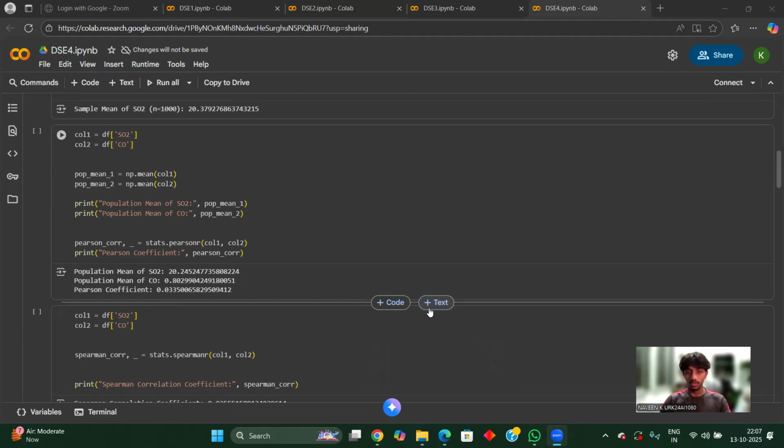We calculate population means of SO2 and CO. Then we use stats.pearsonr on column 1, column 2, to compute the Pearson correlation coefficient. The coefficient ranges from -1 to 1, indicating the strength and direction of a linear relationship. A positive value indicates that as SO2 increases, CO also tends to increase, and vice versa.